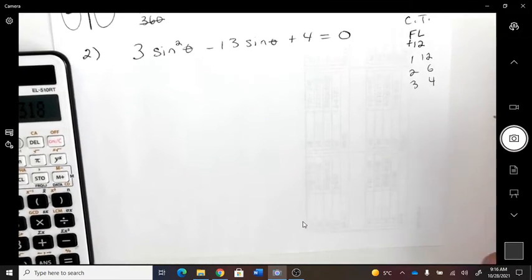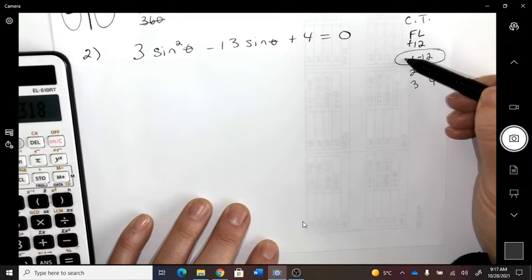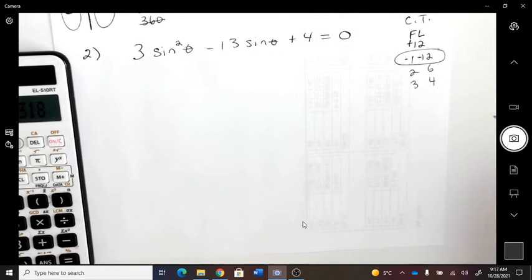Is there any way I can multiply to positive 12 while adding to negative 13? Do you see anything that would work? And the answer is yes, you do have something. So at this point, I can say that this is indeed factorable. It's going to work because I found a pair.